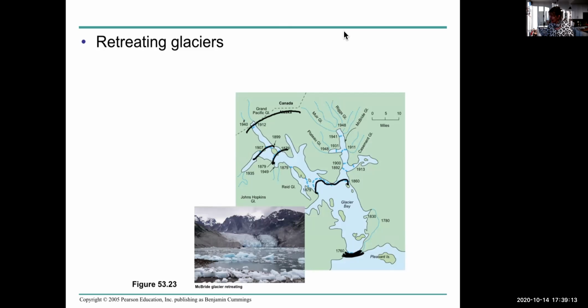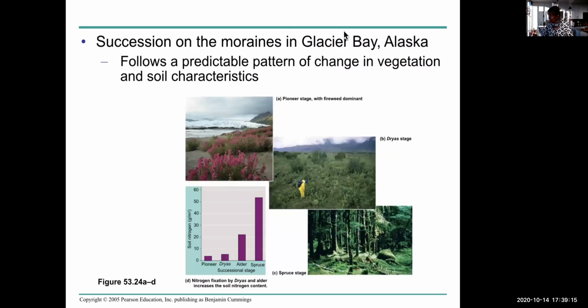And it seems that in Glacier Bay in Alaska, the pioneer stage is fireweed. And fireweed is a very hardy species. It fixes nitrogen. It has bacteria that fix nitrogen in its roots. So it can live on nutrient-poor soil.